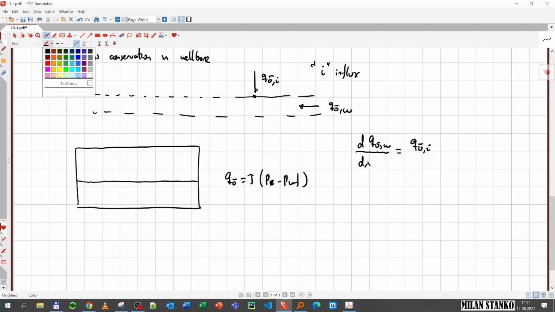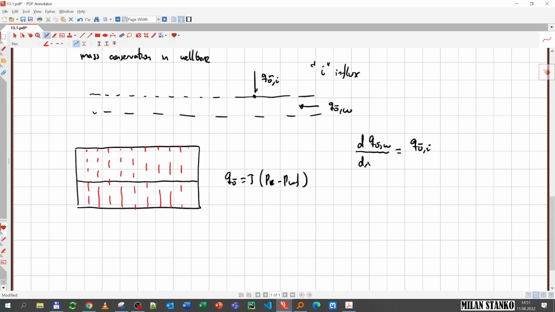So we're going to split this into infinitesimal, very small slices. Each one will have its own pressure.